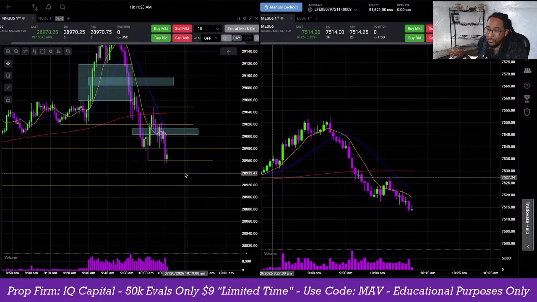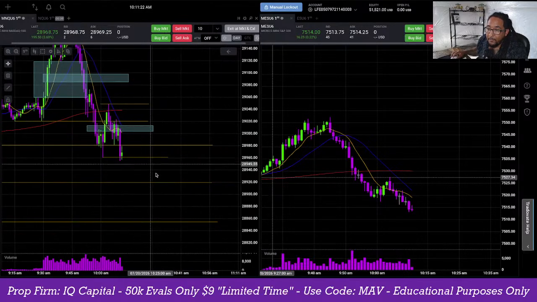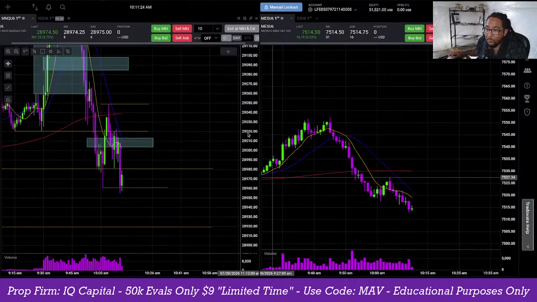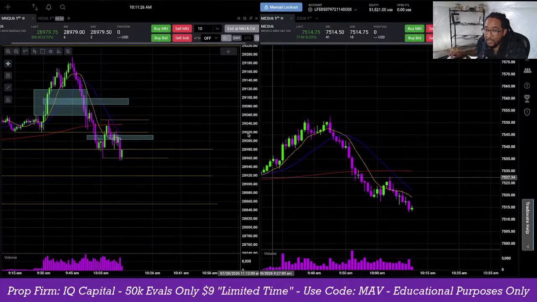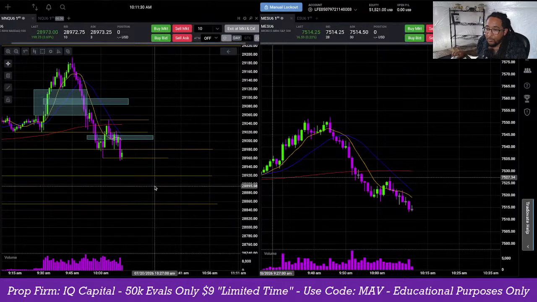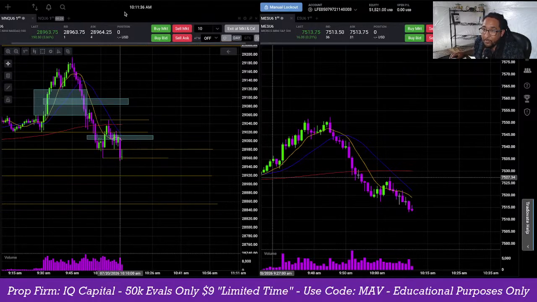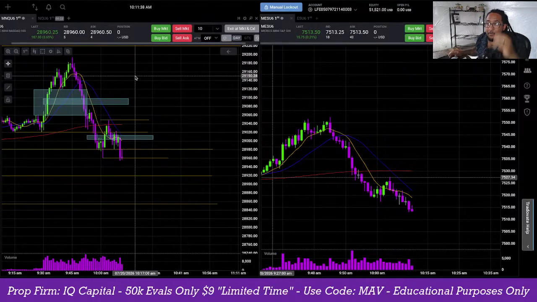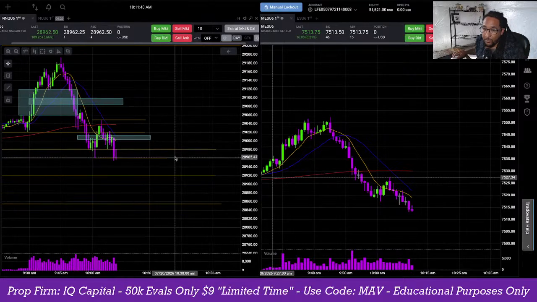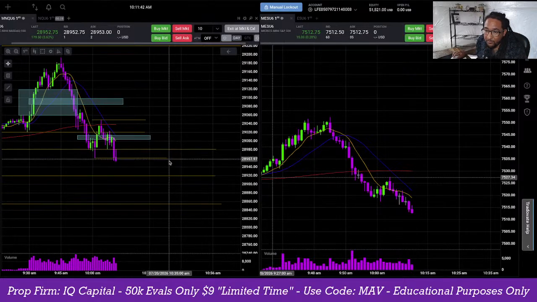We may have to wait till the PM. If it was going to sweep this during this AM session, we would have already seen a sweep of these lows a little bit more quickly. Although the market's only been open since 9:30. We're about 45 minutes into the open, and we've already swept some significant lows here.